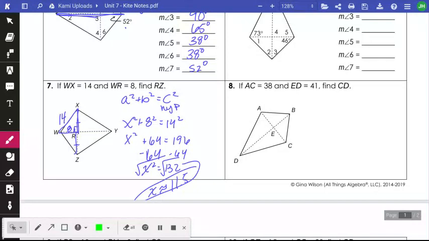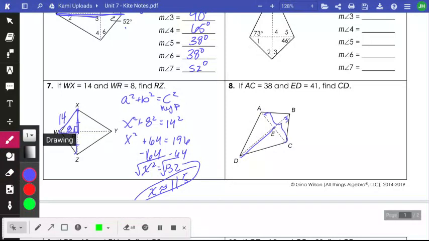All right. If we do number 8, we'll go ahead and do that. AC, this entire thing, so I'll do a little curly brace for that, is 38. And ED, that is 41. Let me move my curly brace to the other side. So if we look at this right triangle here, I actually know that shorter side. If that whole AC is 38, we'll do 38 divided by 2, and so this part is 19.